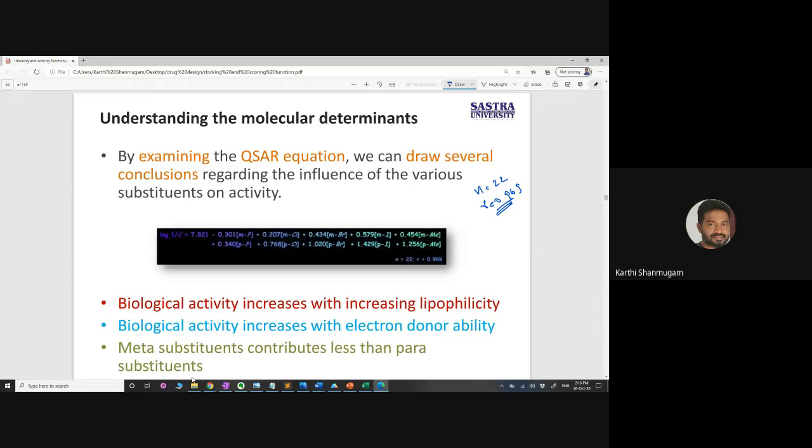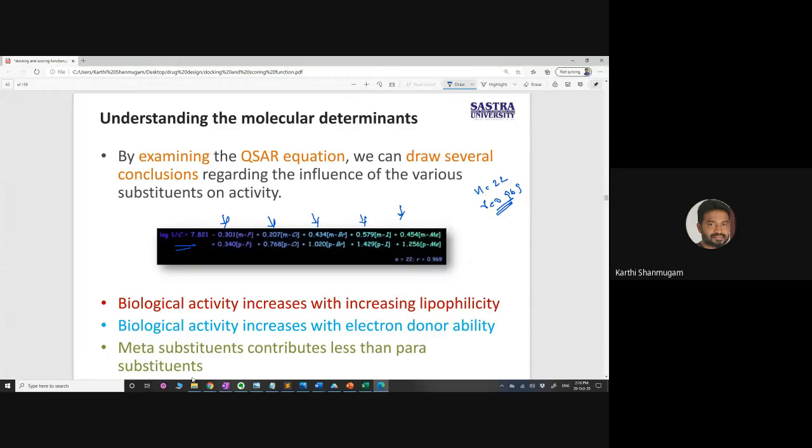So let me ask, does anybody know what this value is? 0.454, the coefficient of the descriptor. Here the first descriptor is M at meta position. Okay, we cannot call it a descriptor. According to Free Wilson, the overall biological activity is just the contribution of each functional group which is present, right?